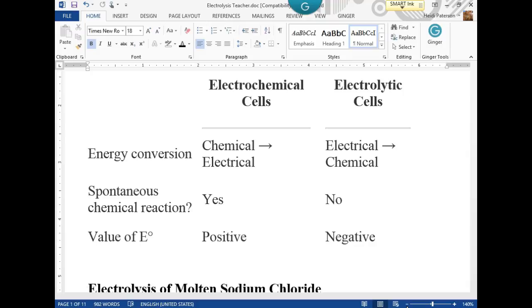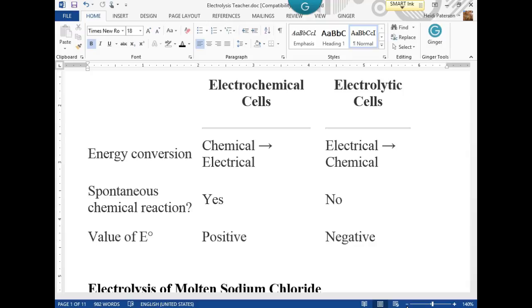When we calculate potential voltage, we can always identify an electrolysis reaction because it is a negative voltage. This is in contrast to electrochemical cells, which have a positive voltage and spontaneous chemical reactions.